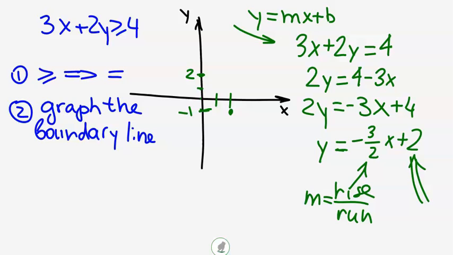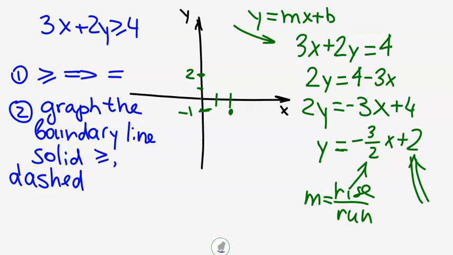Now, question. Lines can be different types. Lines can be solid, or lines can be dashed. So in what case do we have a solid line, and in what case do we have a dashed line? Do you remember? A solid line is if it includes an equals sign.